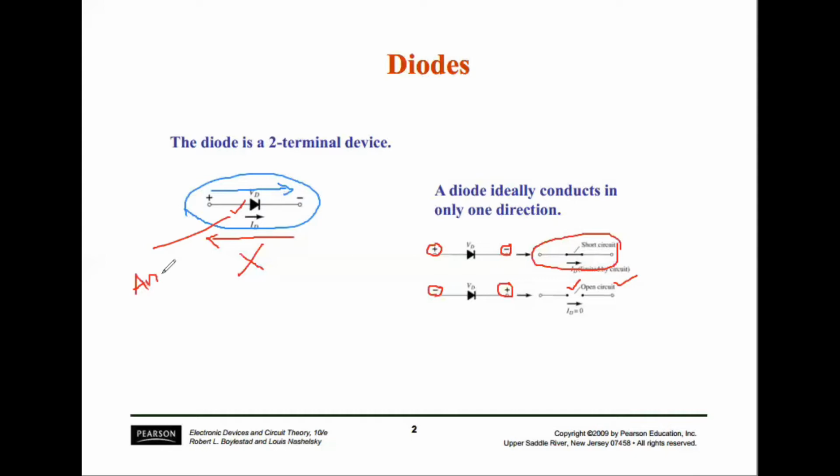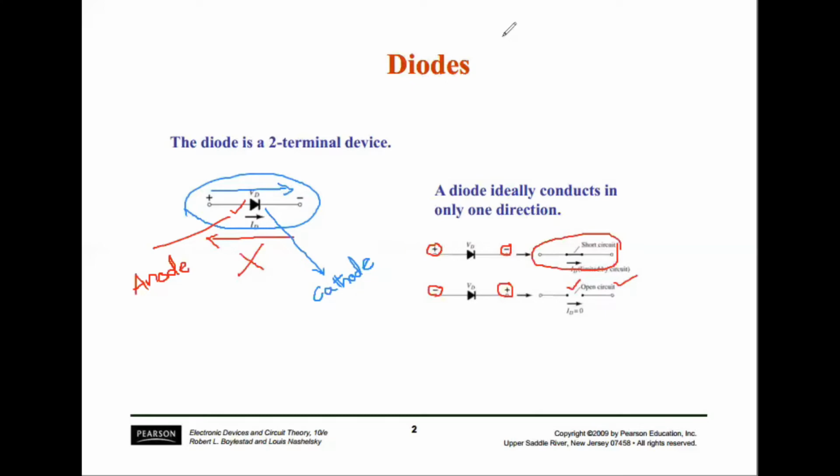Excuse me for my writing because I am using a touchpad here. This is called the anode, while the other terminal is called the cathode. We have covered most of these things in our class, but I am repeating them because we will be using the diode very often in this course.